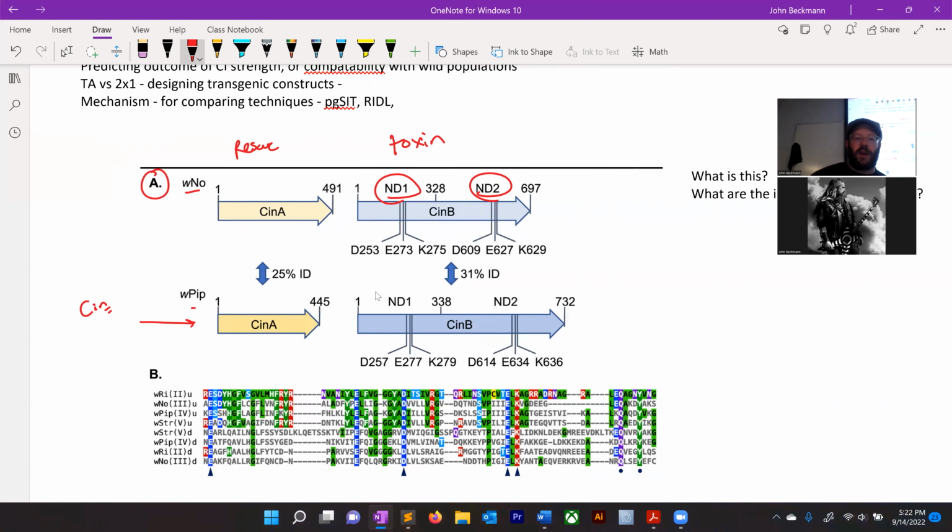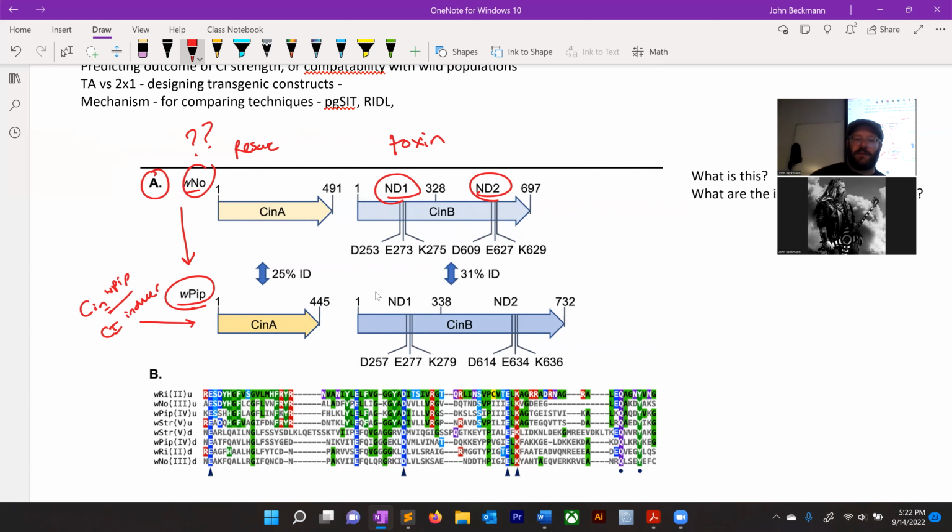The other thing to point out about this wPip is there's another paper, you guys probably have not read it yet, where they describe the SYN wPip system and validate that it is a CI inducer. So what you're not knowing is that context. What they're showing you in this figure is the one that nobody's tested before, but it looks structurally similar to this other one that does induce CI. Does that make sense? Okay.